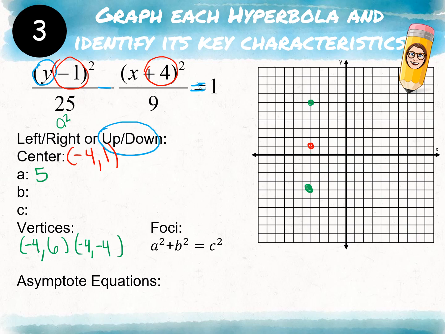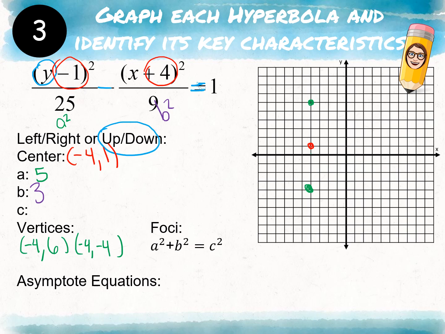B value. B is the distance from the vertex to the asymptote. And b squared is always second. So if b squared is 9, my b value is 3. Now, some students get forgetful and they think it's from the center. But if I was to draw from the center, I wouldn't have any asymptotes, right?